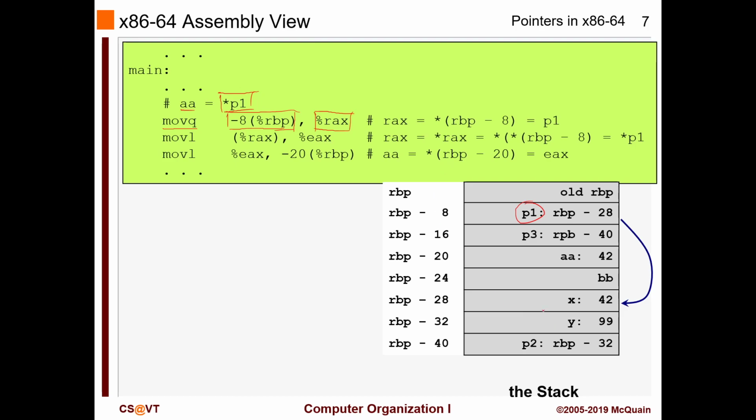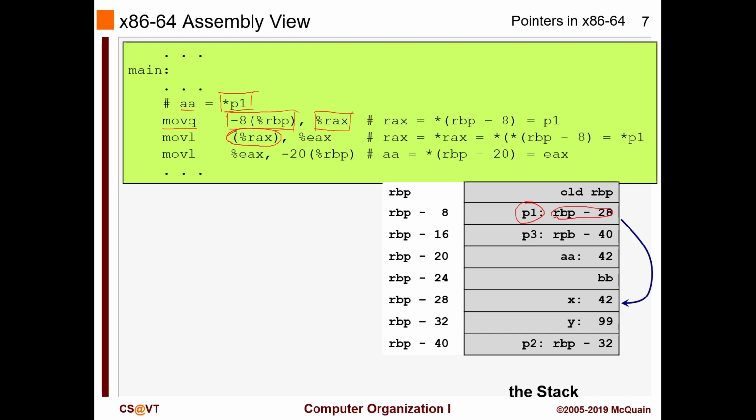Then we do this. If you recall the first introduction to assembly, this bracket usually means that I want the value that this address is pointing to. In this case, RAX is actually holding a value RBP minus 28.